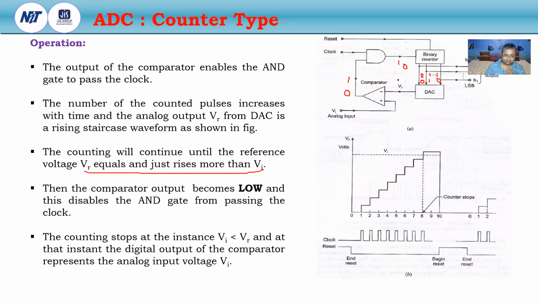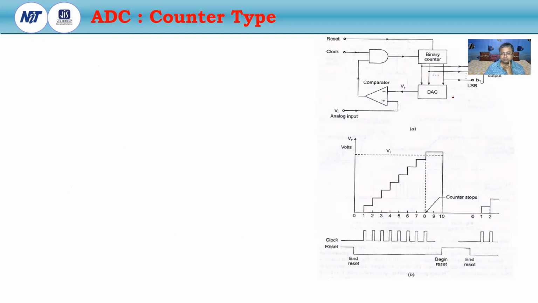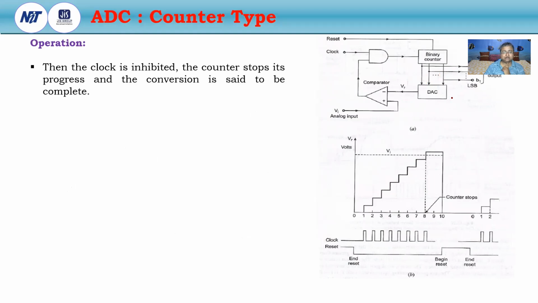The counting stops at the instance when Vi is less than VR. And at that instant, the digital output of the comparator represents the analog input voltage Vi. Then the clock is inhibited, the counter stops its progress, and the conversion is said to be completed.